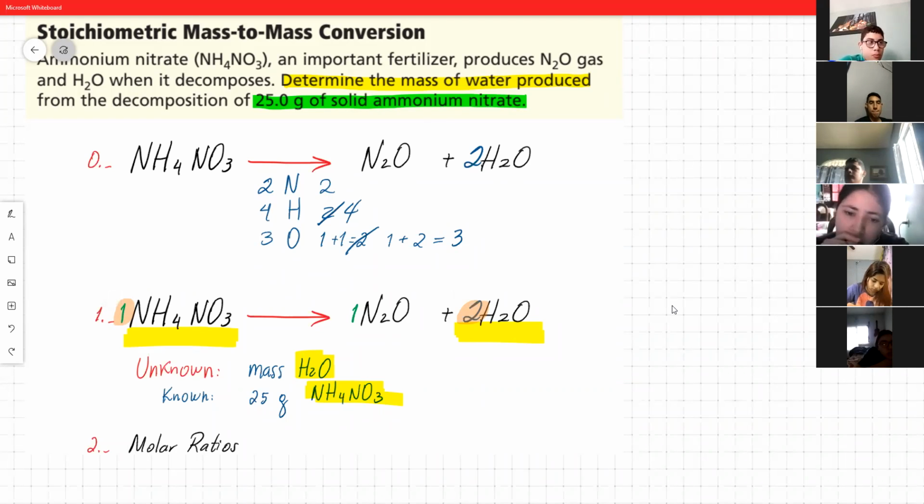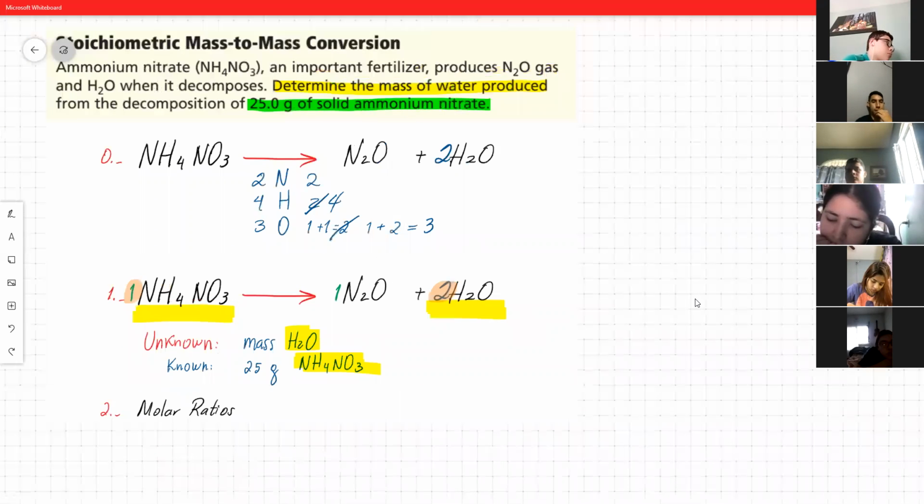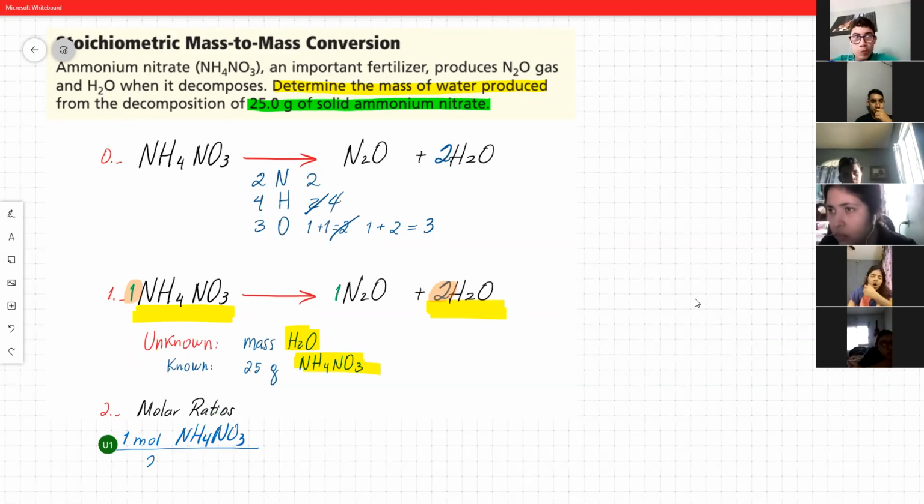Okay? So how am I going to write it? Well, you can put 1 mole of ammonium nitrate over 2 moles of water.